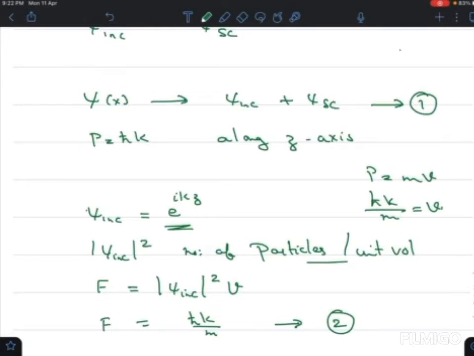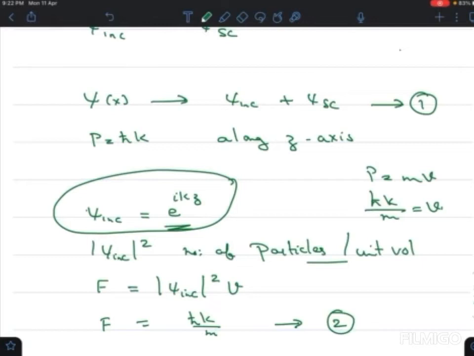Now this is about the incident particles. Again I repeat, the incident particle we consider as a plane wave. Psi incident is equal to e raised to i k z. And now we have to find out the flux. Flux is nothing but the number of particles per unit volume, that is modulus of psi incident squared, times the velocity.